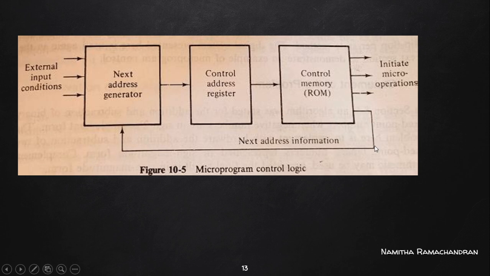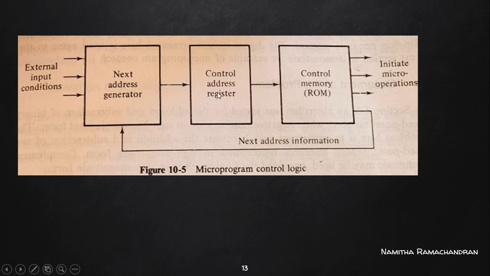Based on the next address information provided by the control memory to the next address generator, the next address generator also uses the current external input condition as an input. Using these inputs, it generates next address information. That next address information indicates a particular memory word of this ROM. That generated address is loaded into the control address register.